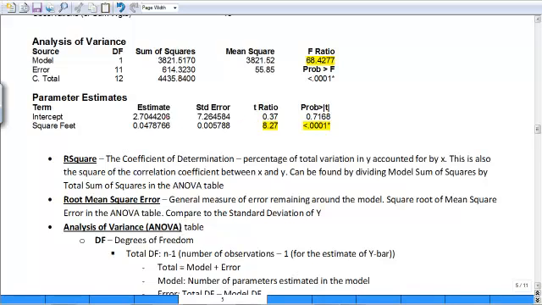One last thing I'll point out: when we take a look at the parameter estimates table, we can also run a similar hypothesis test on the estimate for 0.04787. Regression software is going to provide us a standard error of that estimate, and the estimate divided by the standard error gives us a t-ratio. A t-ratio is something that we can evaluate a little more intuitively. We know that a t-ratio greater than 3 is very unlikely.